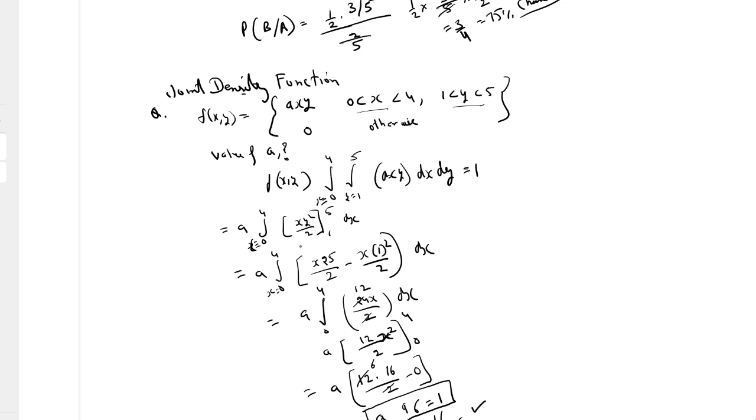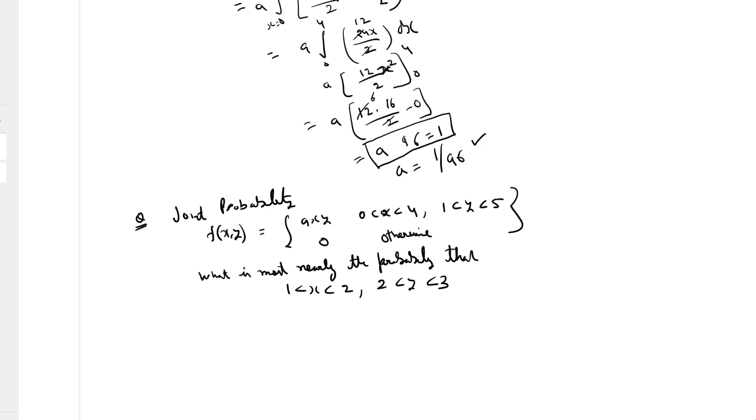And it's giving another set of conditions. What is most nearly the probability that it will occur between these two? These are the full region that the function has given, but it's asking to calculate the probability under this one. So this one was a little trickier, whether to use these conditions or this one.